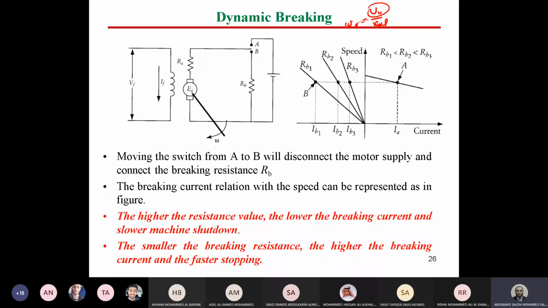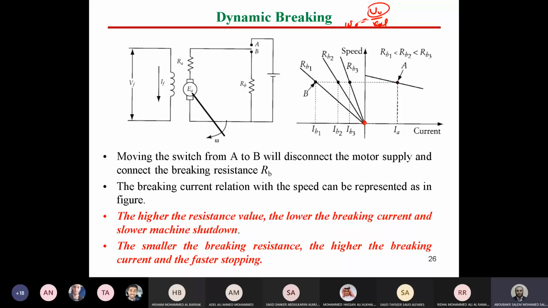You shorted the motor, so you have 0 voltage. This means the no load speed is 0. صح? For that, all of the curves here will pass through the point of origin. Okay, because the no load speed is 0.